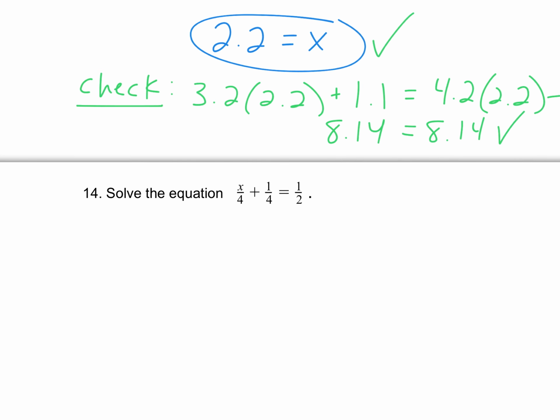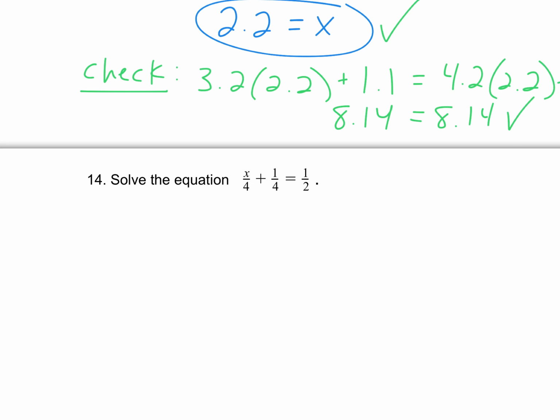Okay, 14 looked at solving equations that deal with fractions, or rational equations. So remember our strategy for solving these equations with fractions. We want to multiply the equation by the least common denominator.